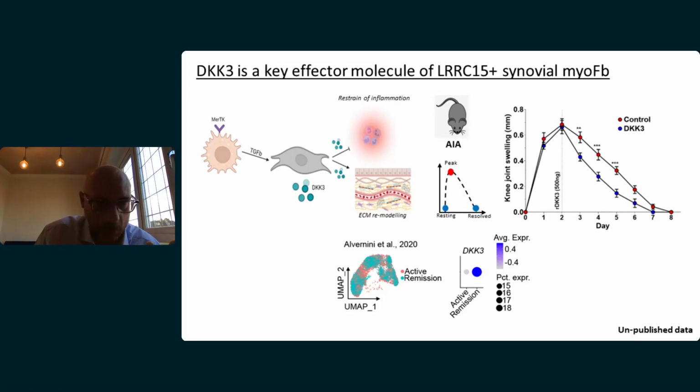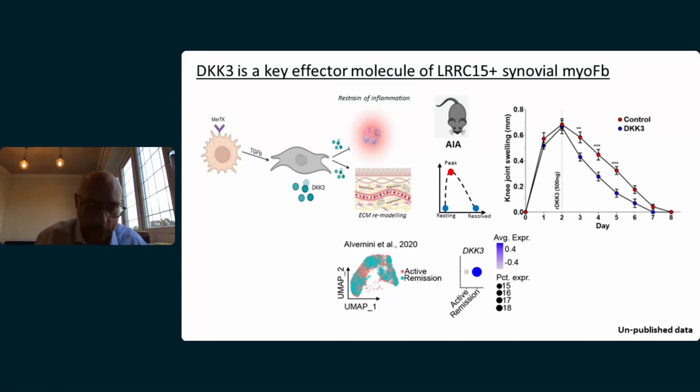So this is a working model in progress so far, but macrophages are signaling through TGF-beta, inducing this program in the synovial tissue fibroblasts, which produce DKK3 as one of their key effector molecules. And DKK3 can both restrain inflammation through altering T cell biology, and we've actually been able to show now that it suppresses T cell function at the level of the tissue, and also induces a pro-reparative macrophage phenotype, and is also involved in extracellular matrix remodeling.